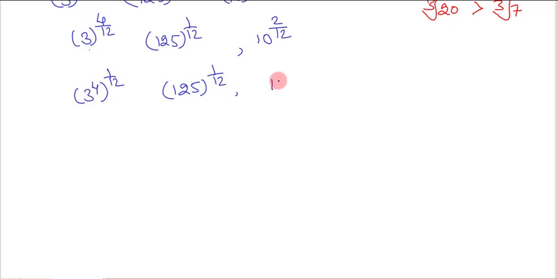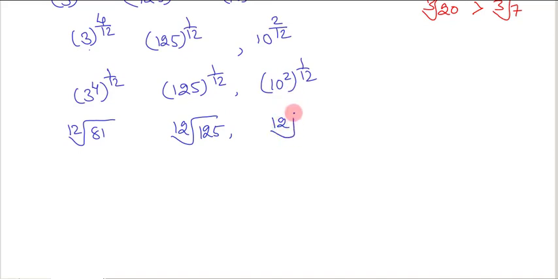In radical form, the 12th root of 3 to the power of 4 is the 12th root of 81, then the 12th root of 125, and the 12th root of 10 squared, which is 100. We need to arrange them in ascending order.